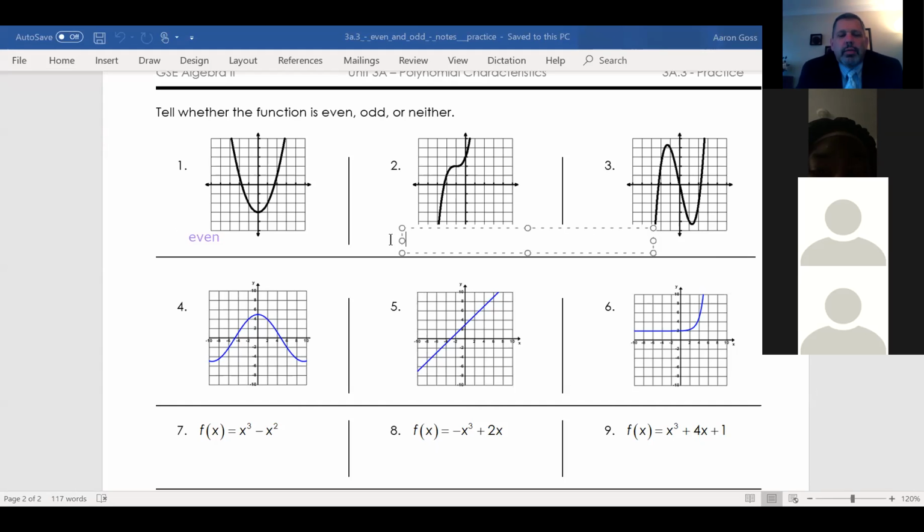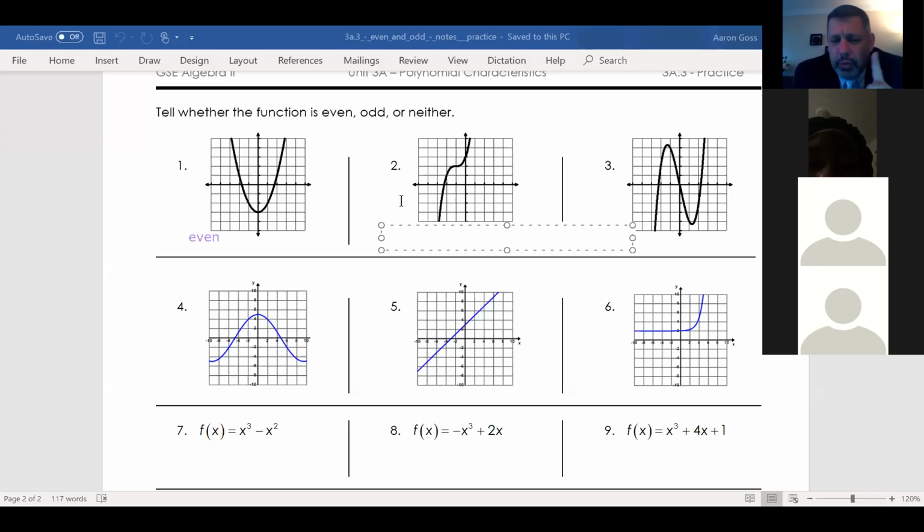Next one. Isaiah, how are you feeling about that? Can you see number 2 here, buddy? Odd, even, or neither? I think it's neither. Wait, what was the first one? Odd, even, or neither.